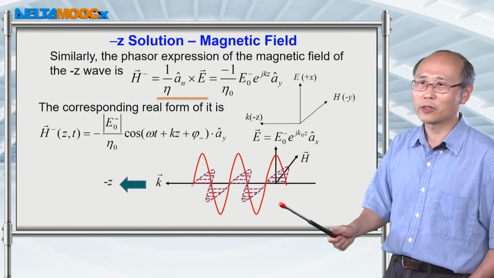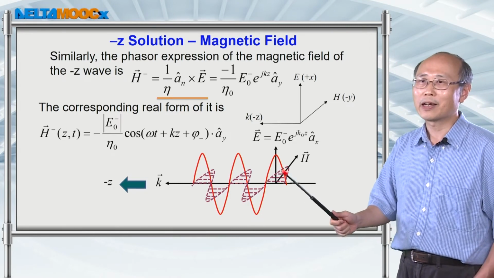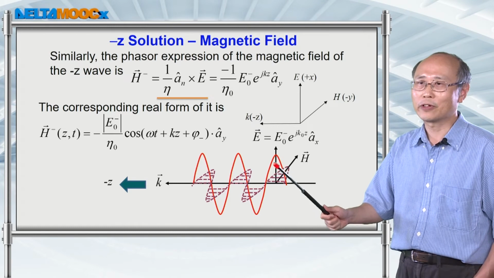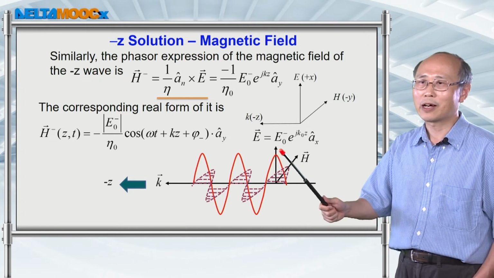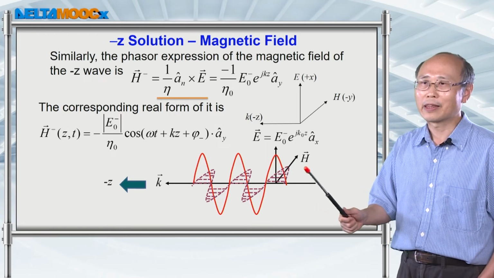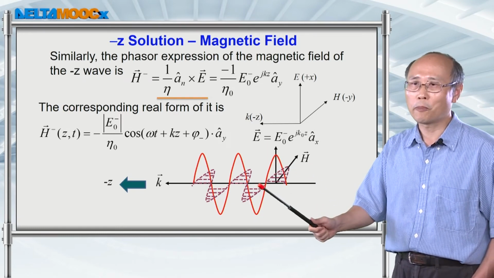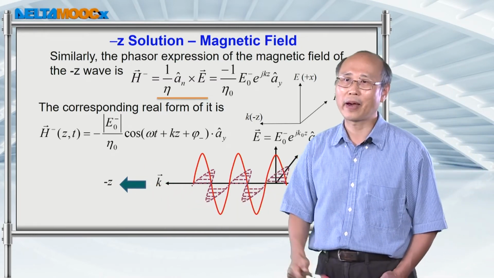And so if I want to plot a three-dimensional illustration, then the electric field is along this direction, varying sinusoidally, and the magnetic field is along minus y direction, and the whole pattern propagates along minus z direction.